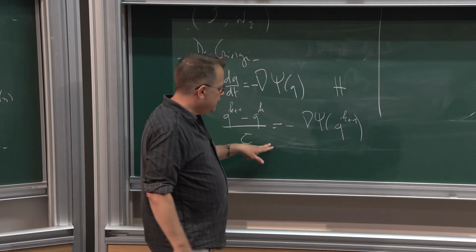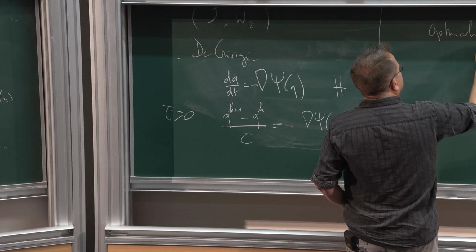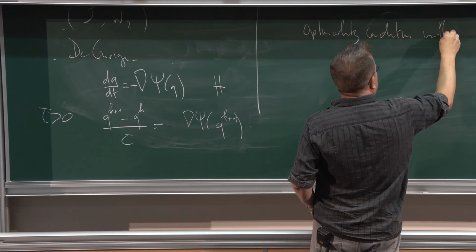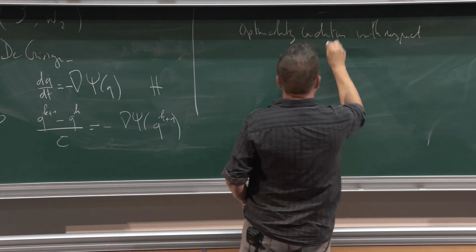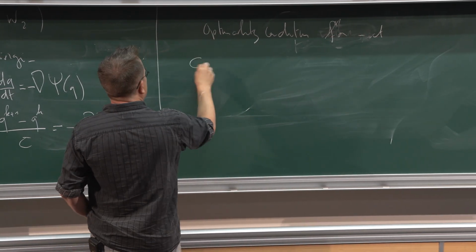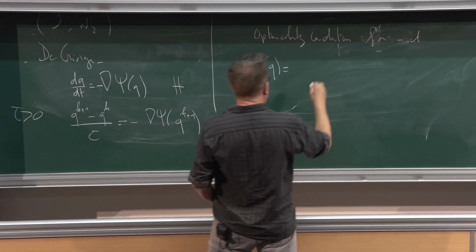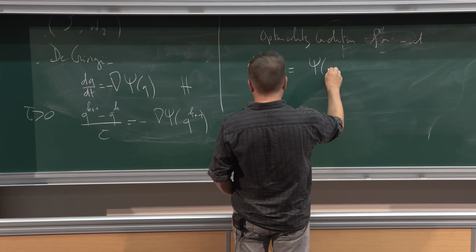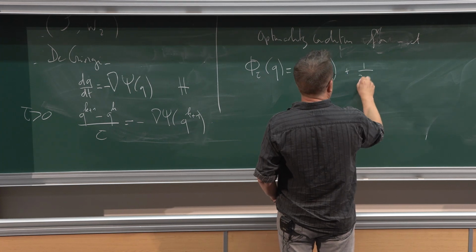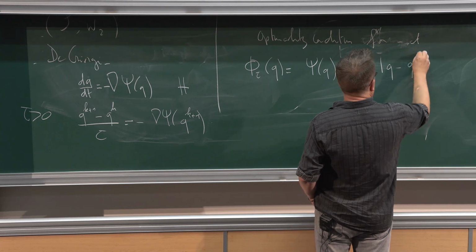And you can check that this is the optimality condition for some functional, phi depends on tau, phi of q is equal to psi of q plus 1 over 2 tau times the square of q minus qk.